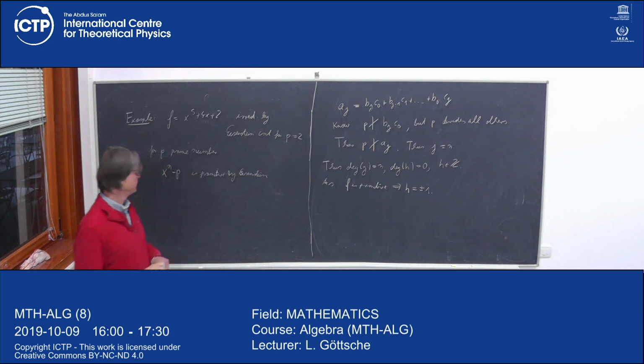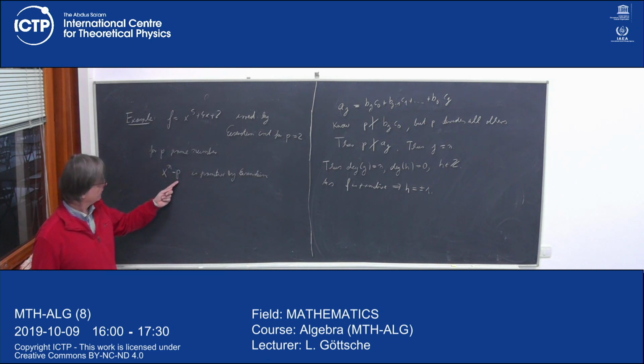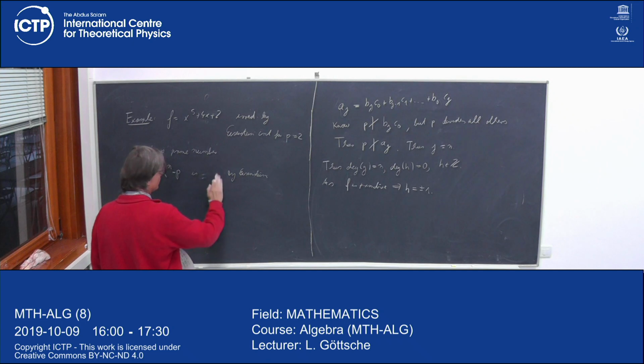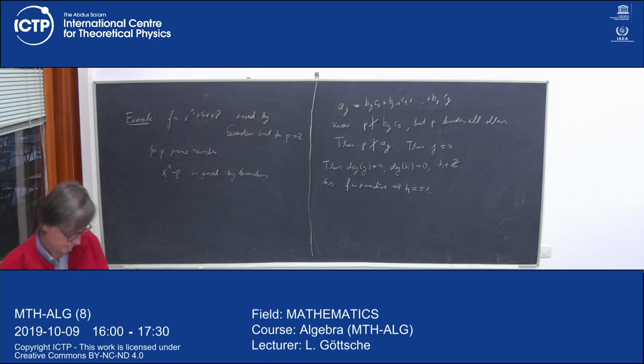In fact, obviously, if you have x to the n minus m, where there's one prime number which divides it only to the first power, then it is irreducible by the Eisenstein criterion for p. There are some simple examples.